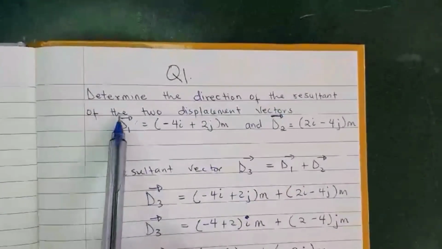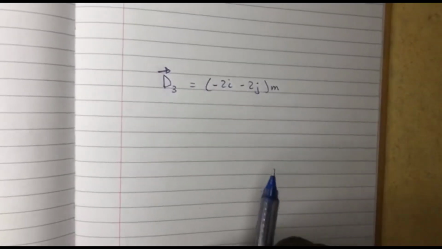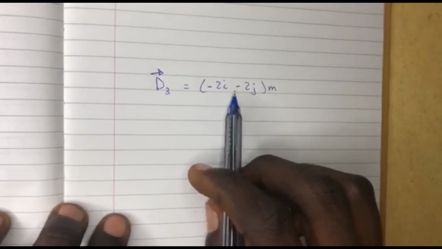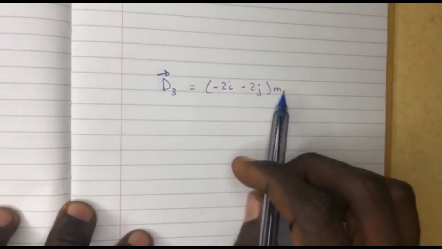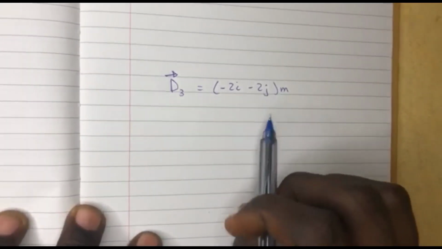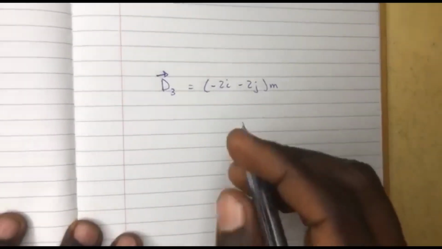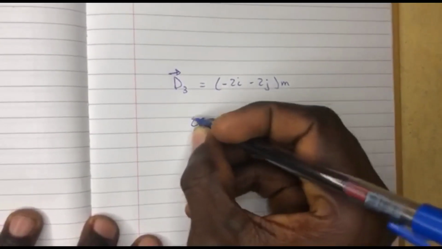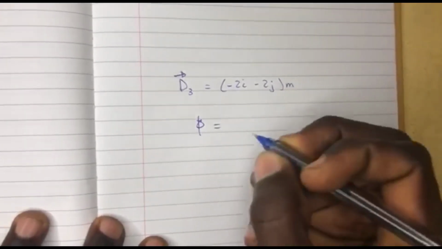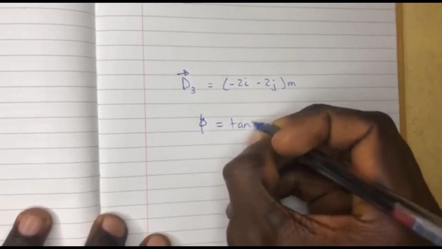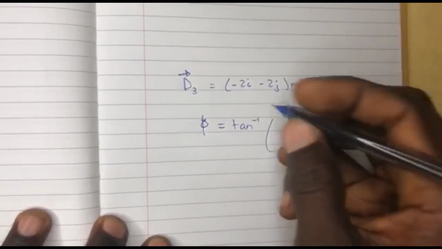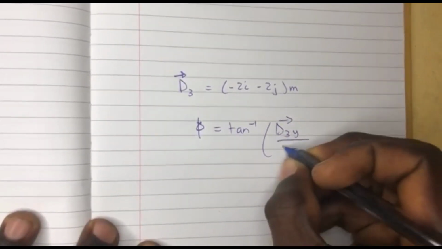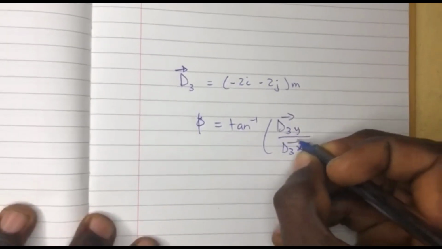So the vector d3 is given as minus 2i minus 2j in meters. Now we want to find the direction of this vector. The direction of the vector is defined as phi, and it is equal to the tan inverse of d3y over d3x.